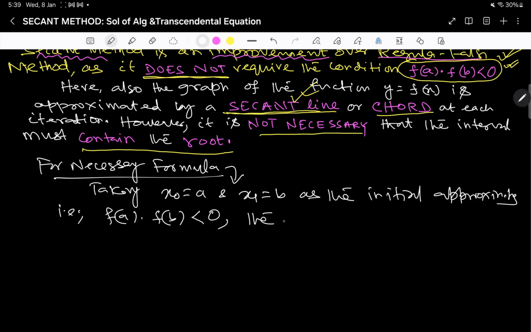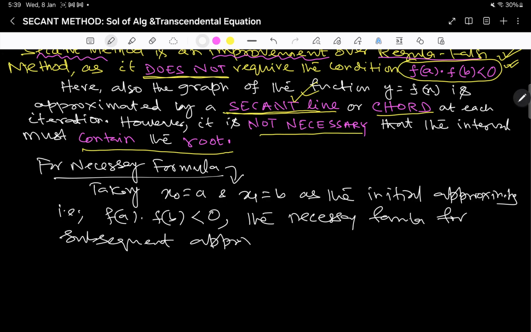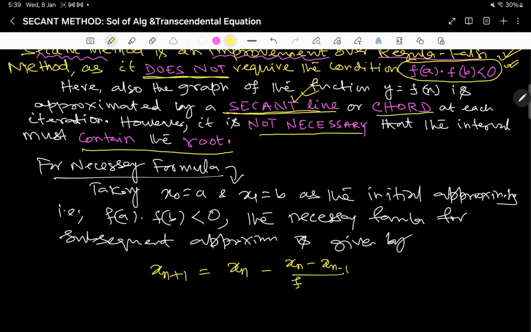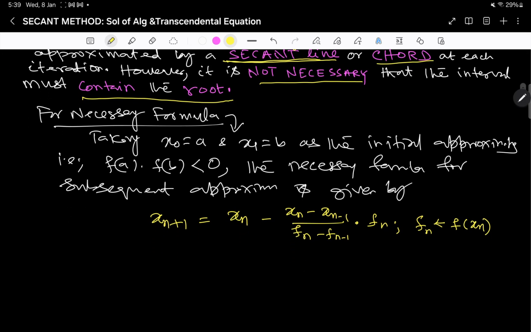The necessary formula for subsequent approximation is given by x_{n+1} = x_n - (x_n - x_{n-1})/(f_{n} - f_{n-1}) into f_n. Here f_n means f(x_n).